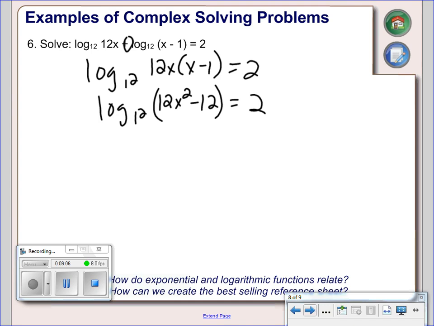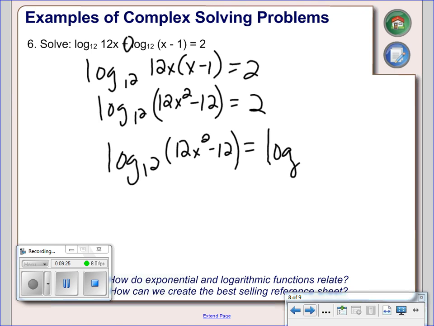So here's what I mean by that. Right now I have log base 12 on the left side and I have a 2 on the right side. The inverse property says if I go ahead and make, again, log base 12 of 12x squared minus 12, and on the other side I write log base 12, because I need it to be that base, of 12 squared. Again, remember, I have to make it match.